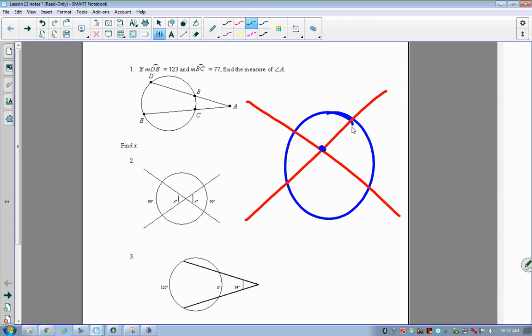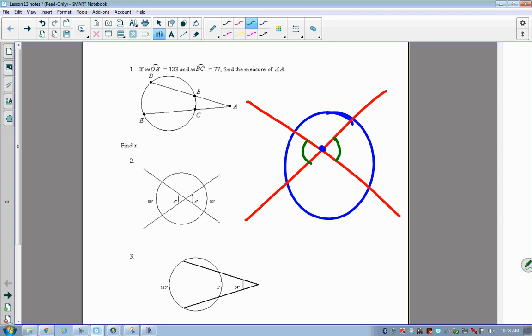Yes, they are. Vertical angles are like this angle and this angle here. They're angles across from each other, not adjacent. Angles of intersecting lines that are not adjacent are vertical to each other, which means that they're congruent.